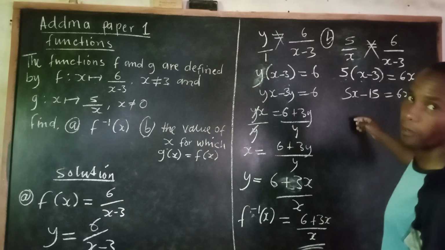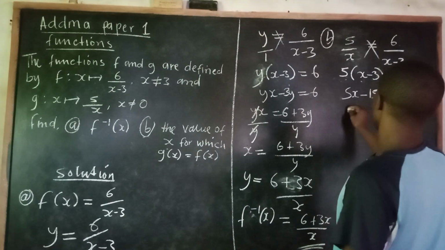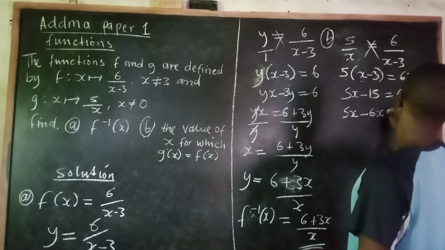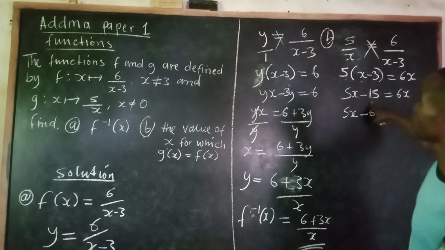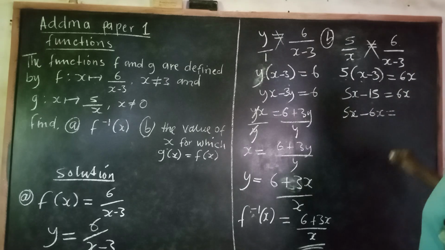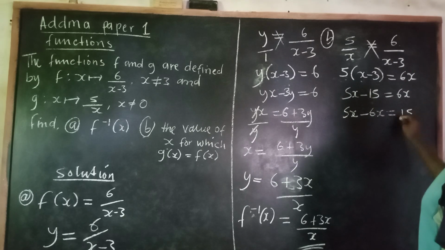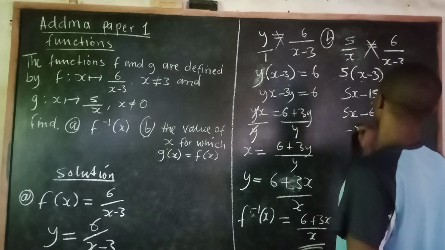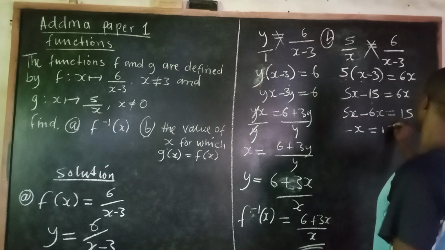Now we can collect like terms: 5x minus 6x equals 15, since the negative 15 becomes positive when it crosses the equal sign. Then 5x minus 6x gives negative x equals 15.